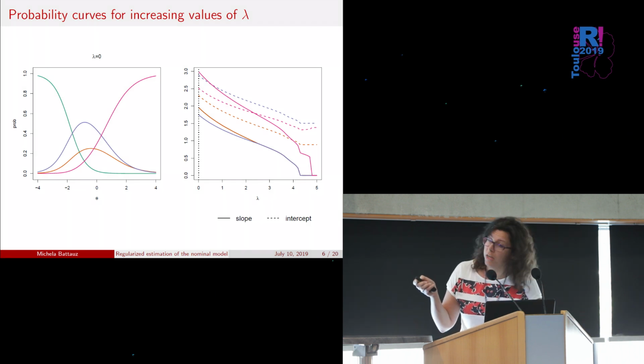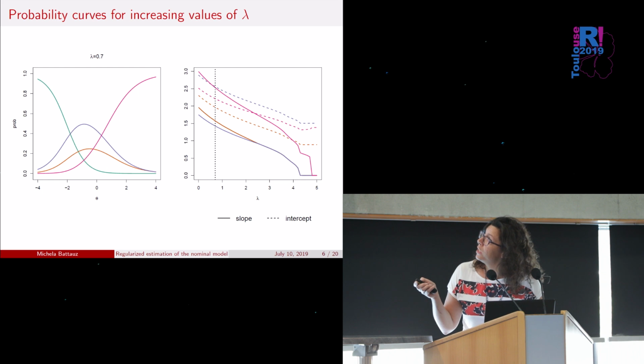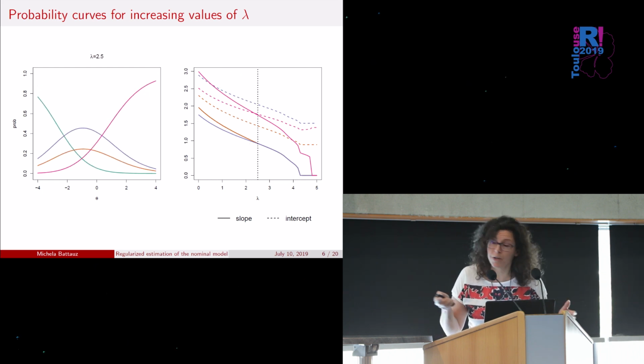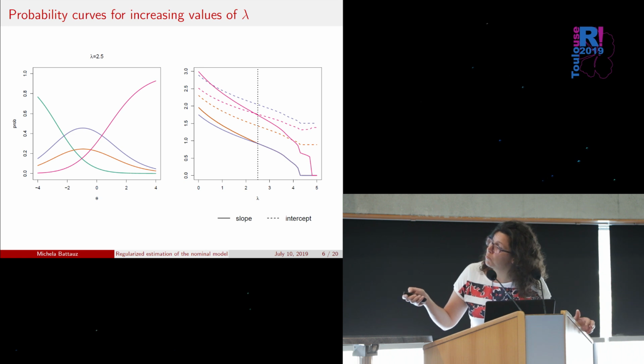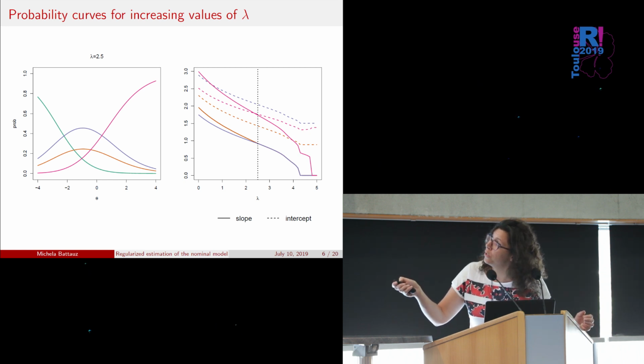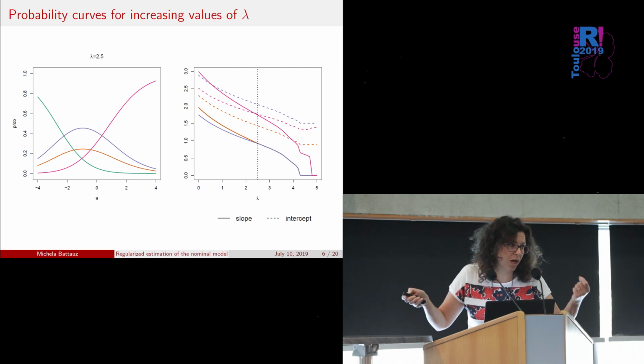If we increase the value of lambda, these slopes are shrunk towards 0, so the curves become more flat, and at a certain point, these 2 parameters are fused. So at this point, these 2 curves overlap, and this means that at this value of lambda, these two response categories can be collapsed.